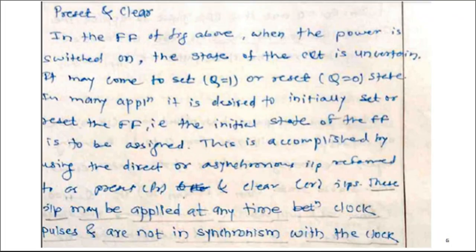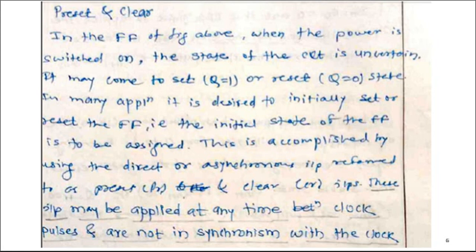Right? Now see, in the flip-flop of the figure, when the power is switched on, the state of the circuit is uncertain. It may become the set state, equal to 1, or the reset state. In many applications, it is desired to initially set or reset the flip-flop.